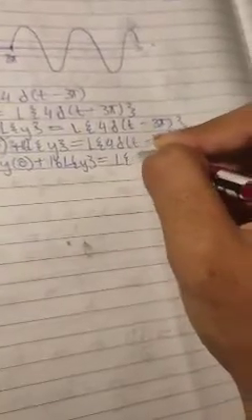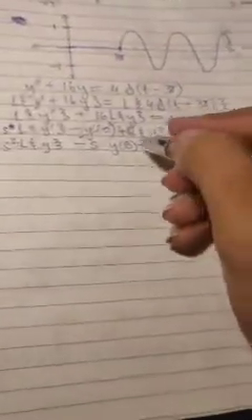So we can negate this, and from here we can jump to another conclusion, which says that this quantity is equal to, and again we know that this is 0, just like this, because we've been given y at 0 is 0, y dash at 0 is 0.